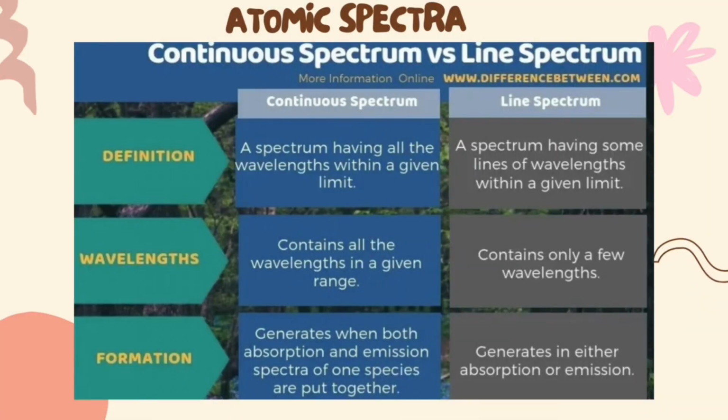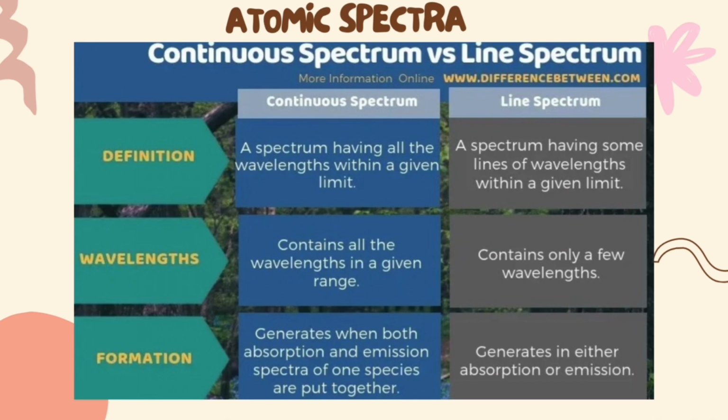Atomic spectra. Atomic spectra is defined as a spectrum of the electromagnetic radiation emitted or absorbed by an electron during transitions between different energy levels within an atom. Definition-wise, a continuous spectrum has all the wavelengths within a given limit, while a line spectrum has only some lines of wavelengths.